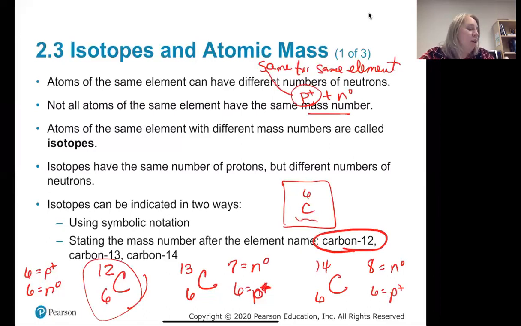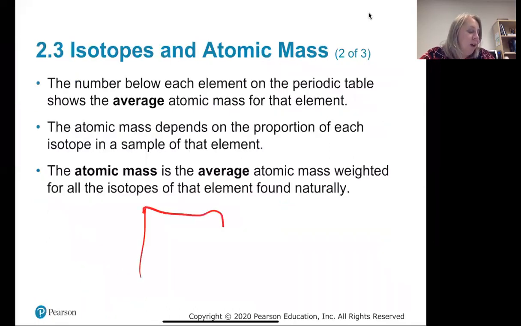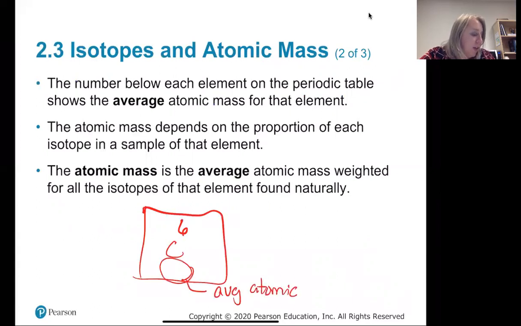So when you look on the periodic table and you have carbon and it has 6, and then it has another number right down here, this number right down there is the average atomic mass for the element. And the average atomic mass depends on all the different isotopes and how prevalent each of the isotopes is in nature.